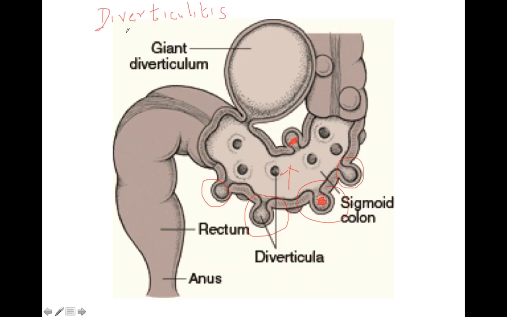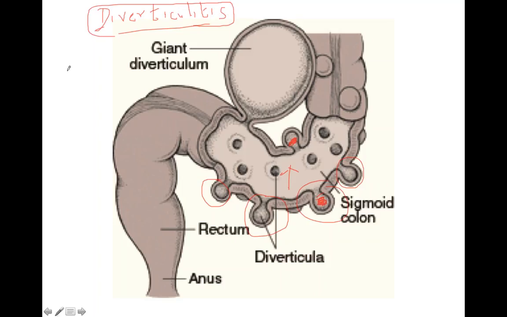So the patient has these diverticuli, is chronically constipated, and is older, like 65 or 70 years of age. He didn't report to the doctor. Maybe he has a small amount of bleeding that he didn't notice, and one day he comes to you with severe acute abdominal pain in the left lower quadrant. That's diverticulitis, inflammation of these diverticuli.